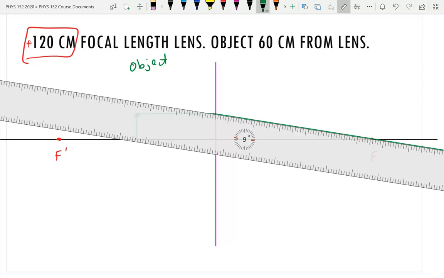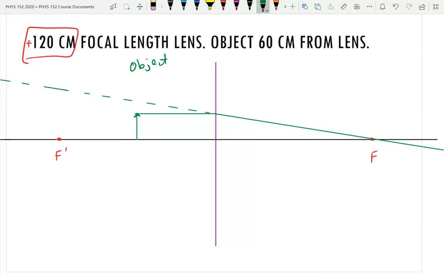Now, because I know where this is going, and because I can't easily move the ruler around, I'm going to mark the extrapolation of that parallel ray back here. And I'm going to close it where I know the image is going to be. Okay, so I have the parallel ray complete.